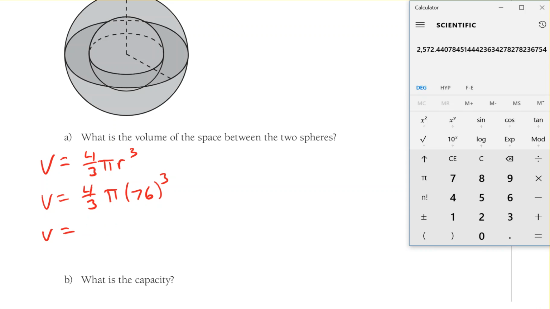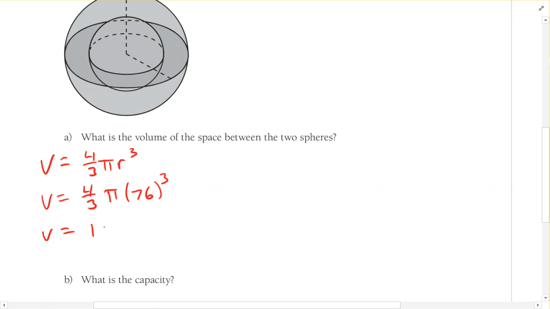Go 4 divided by 3 times pi times 76 to the power of 3, and then enter. And it really is going to be that giant number there. What is that?